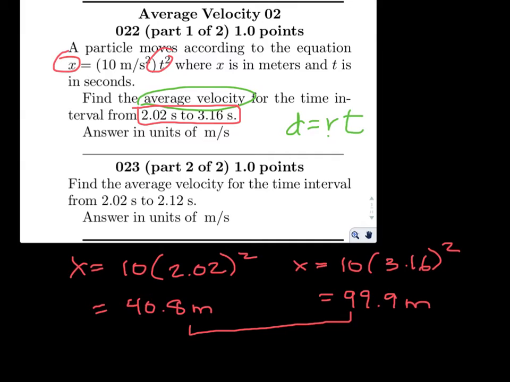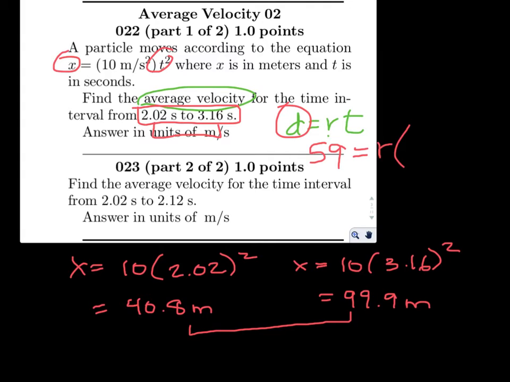So if we take the difference between those two, we find out that he traveled, so the distance he traveled, that's going to go in for distance, is 59 meters. It's pretty much 59, 59.056, close enough. And that's going to equal our rate, which is what we're solving for. Now, how long did it take him to do that? What are we going to do? Find the difference between our two times.